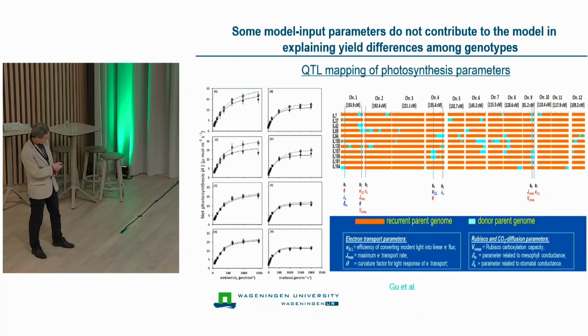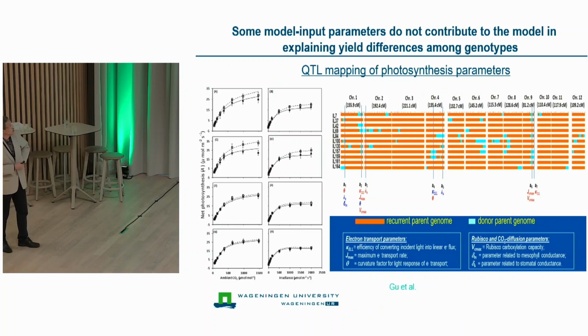These parameters were determined using gas exchange data for CO2 and light response curves. Then these parameters could be mapped to different genomic positions.